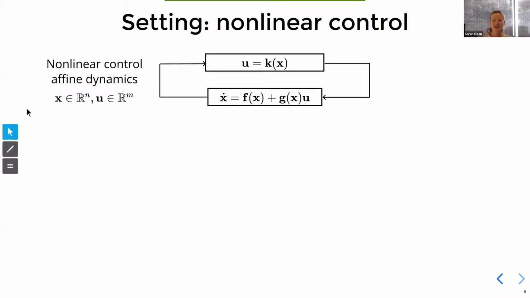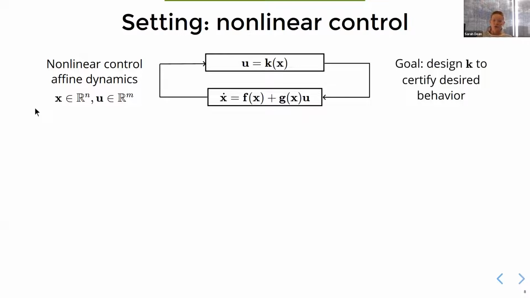And we'll have the state is n-dimensional and the input is m-dimensional. The goal of nonlinear control is to design a controller K, a feedback controller K of x, which certifies some desired behavior, so that when we use this controller in closed loop with our system, for example, a robot, we guarantee that the robot won't fall over.